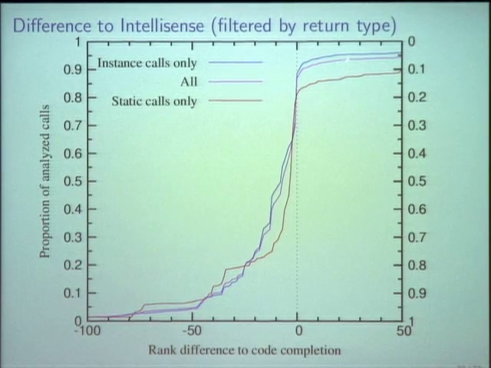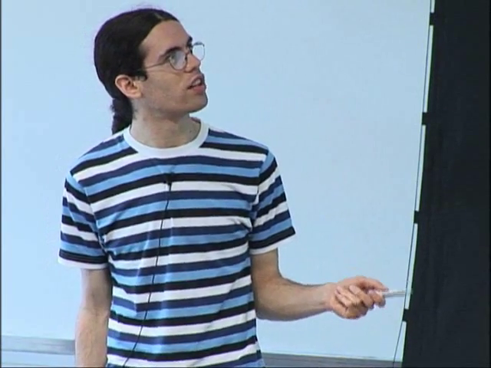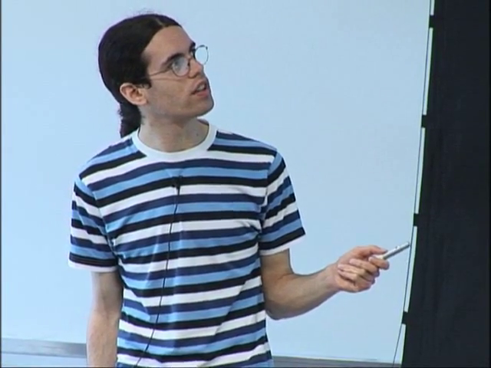And on the other hand, now we end up only 10 or 20 spaces worse than Intellisense, only around 5% of the time. Also notice here that there's another 5% jump when we're talking about static methods, once again, because my algorithm has to consider a larger search space there.